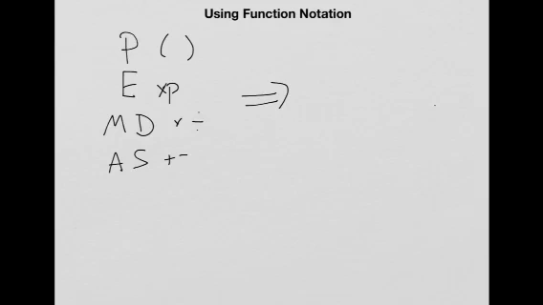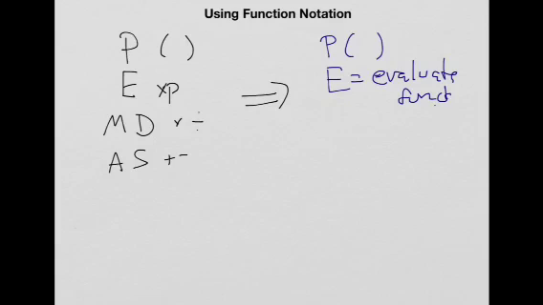And when we put this function notation in here, we are going to start with our parentheses. But instead of E, I'm going to change E to evaluate functions, because squaring and exponents are actually a function. So when we do an exponent, we are really evaluating a function.